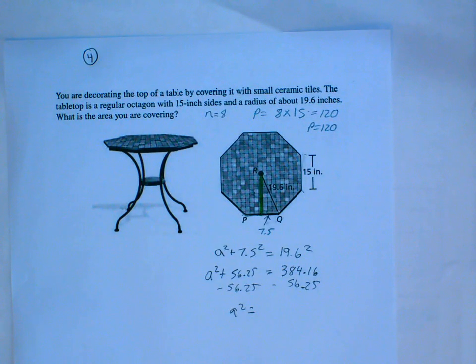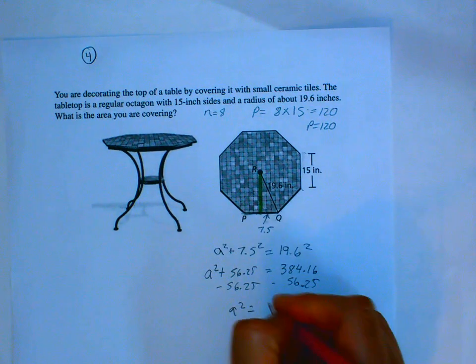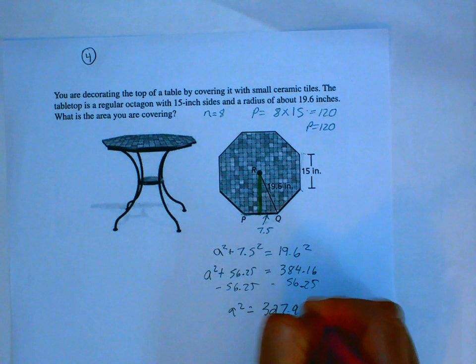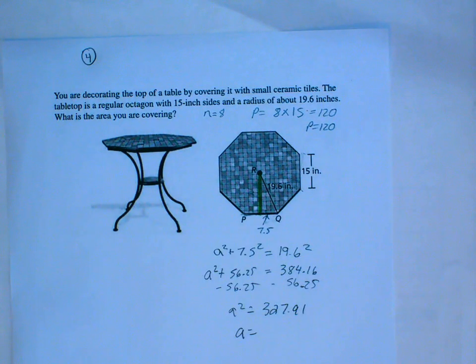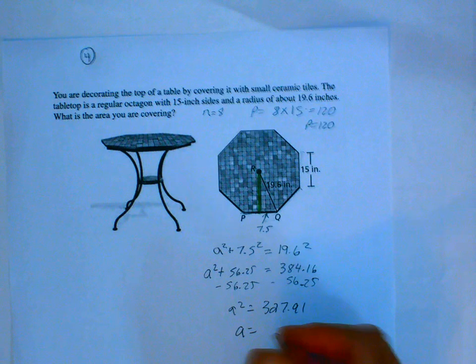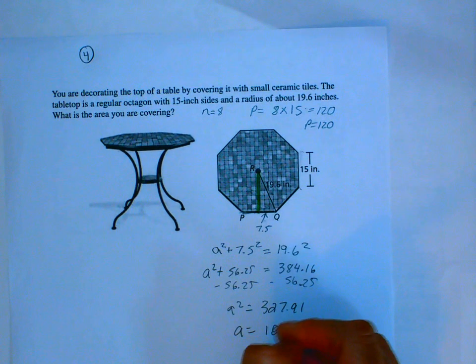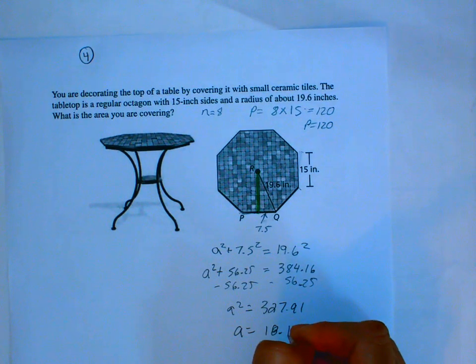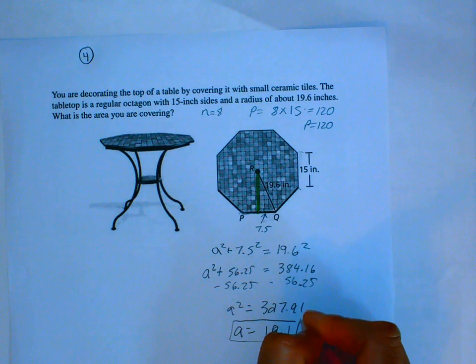Okay, so let me subtract this. 384.16, take away 56.25. That gives me 327.91. And then I take the square root of that to the nearest tenth. I get about 18.1. So that's the apothem.